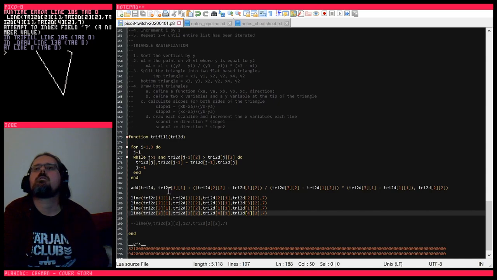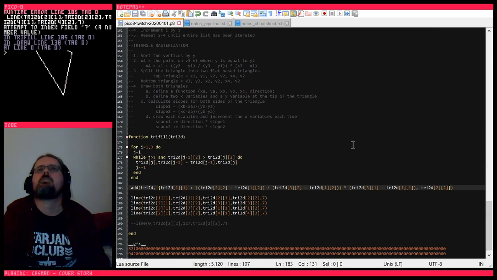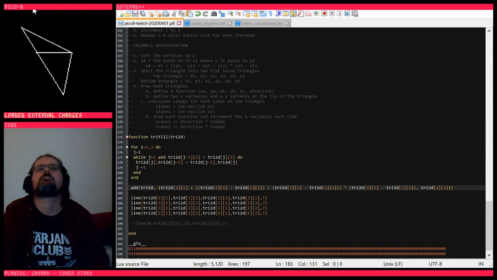So this is strange. So try to D. That should. Oh yeah, we forgot the curly braces, obviously. So it was just trying to. Yeah, now it adds it as an array. Yes, now it works.